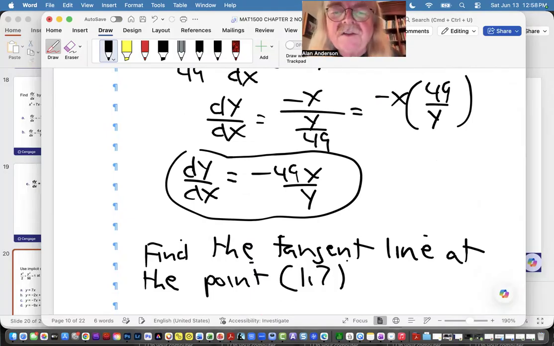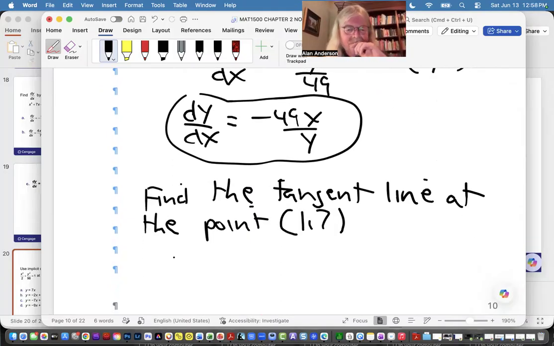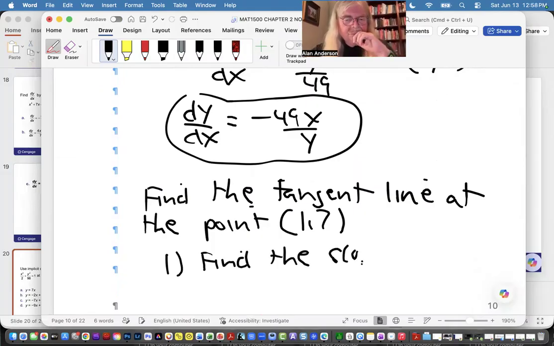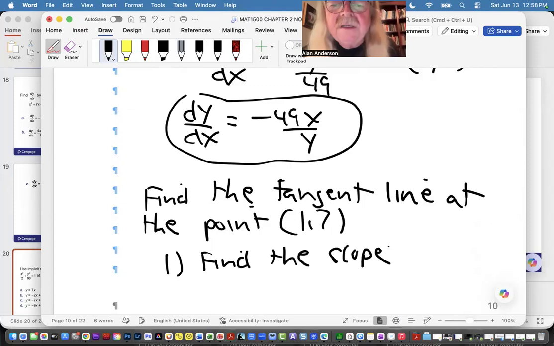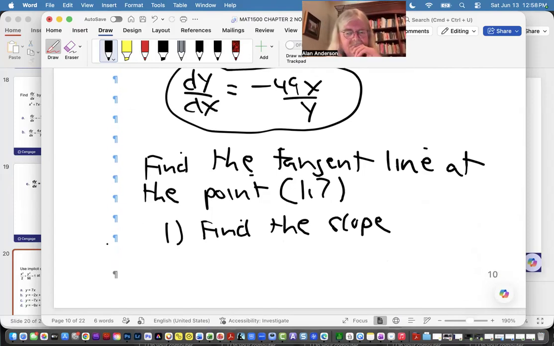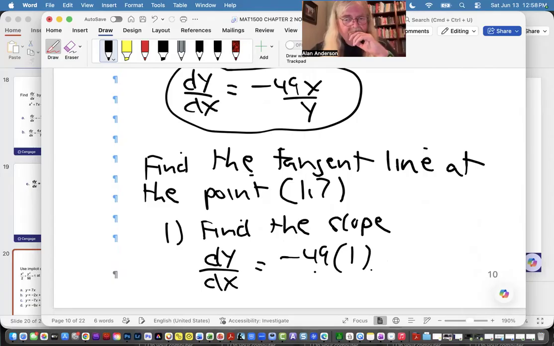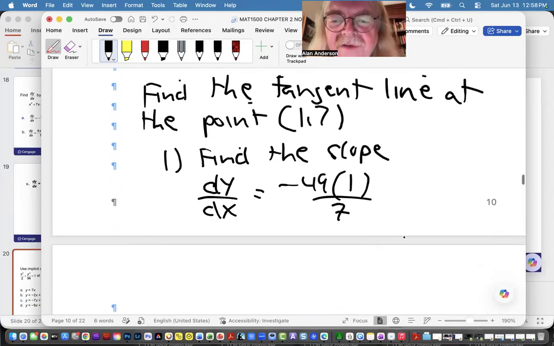So first we find the slope. So we plug in x and y. So yeah, x is 1, y is 7.